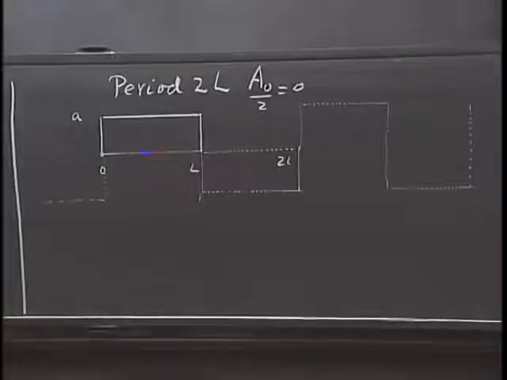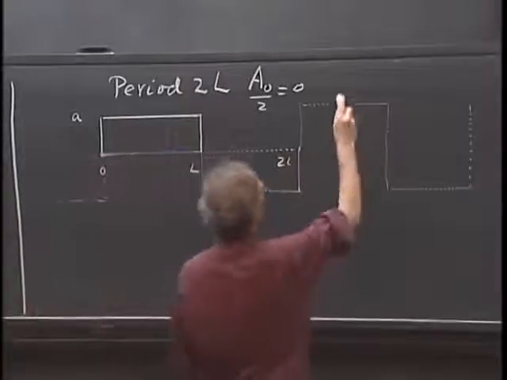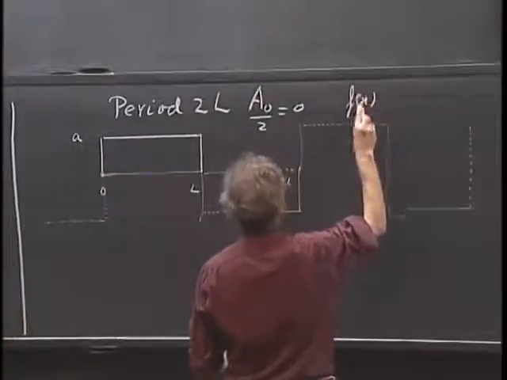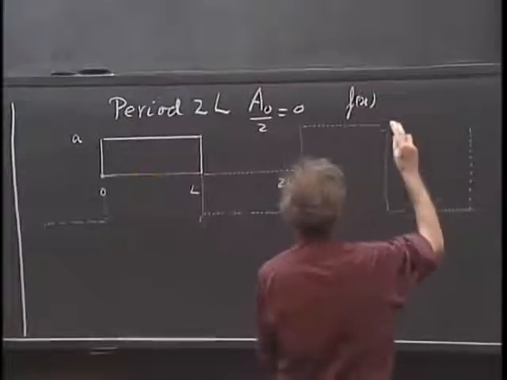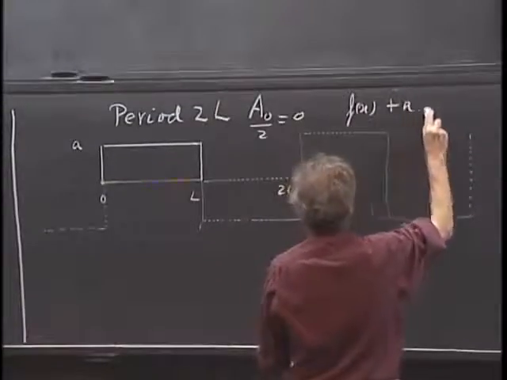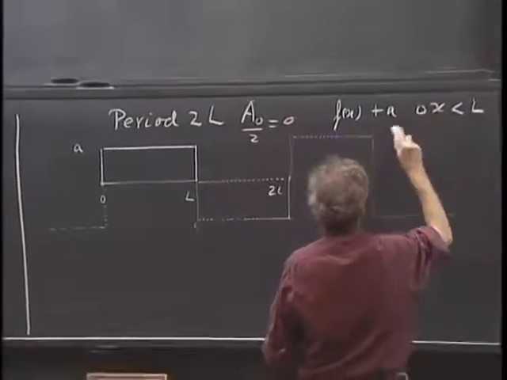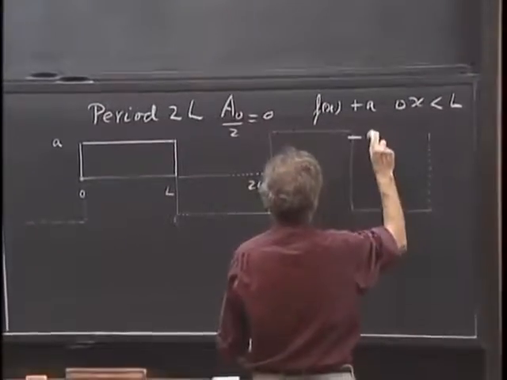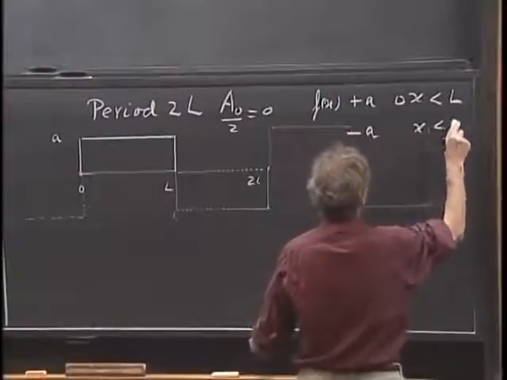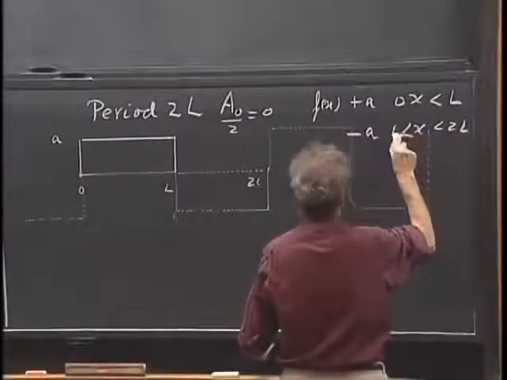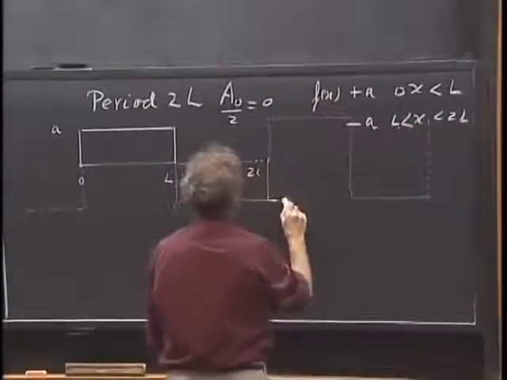And so my function now, you can write down y of x if you want to, is plus A for x between 0 and L, and it is minus A for x between L and 2L, because this here is minus A.